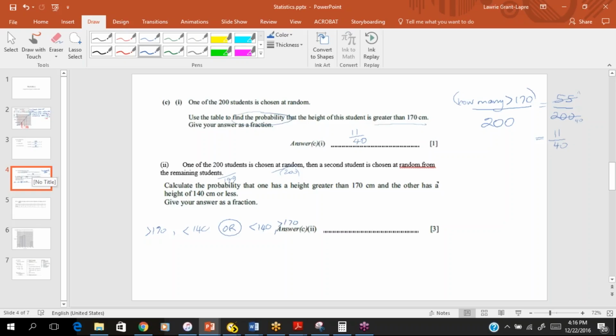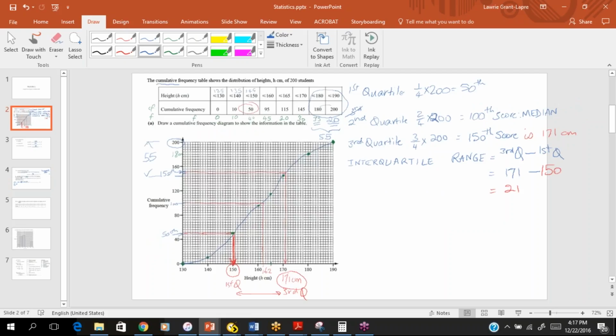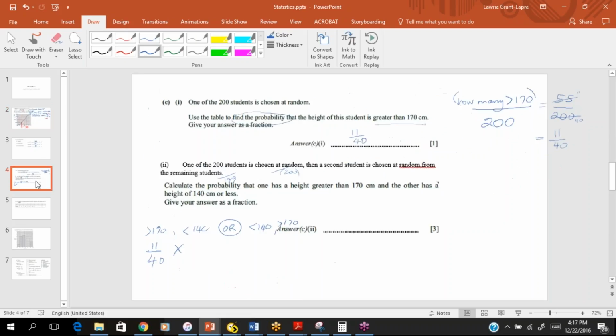Let's look at this probability. The probability that they're greater than 170, we already found to be 11 out of 40. Now, to be less than 140, let's go back. How many less than 140? That's these 10. So there's only 10 out of the other 199. Or means we could add.